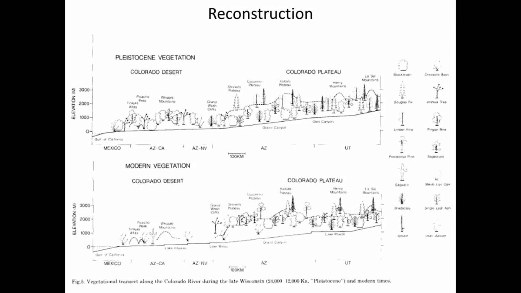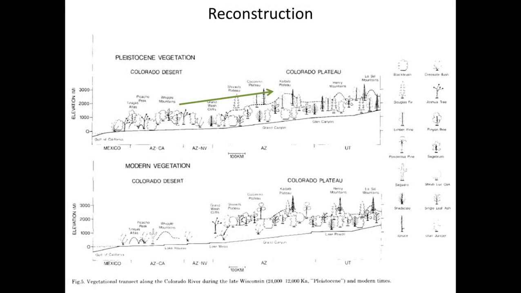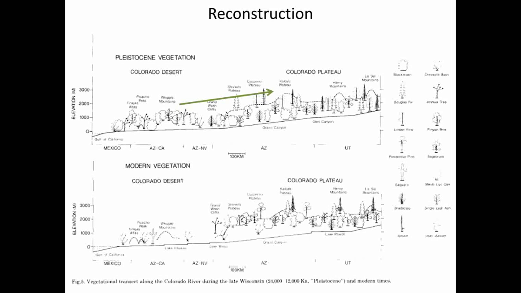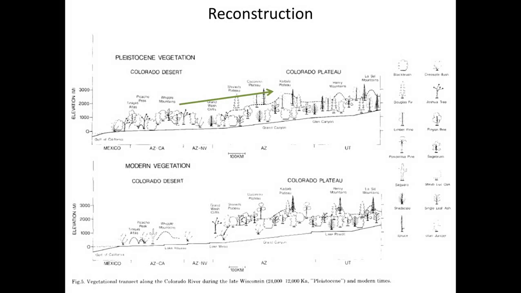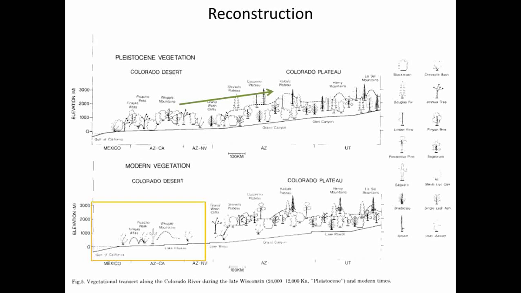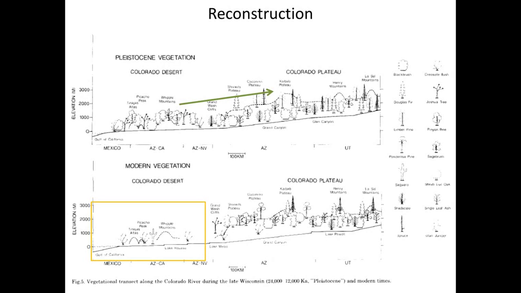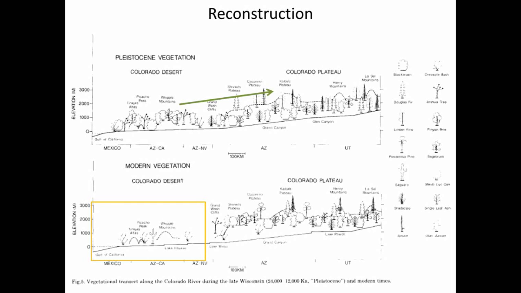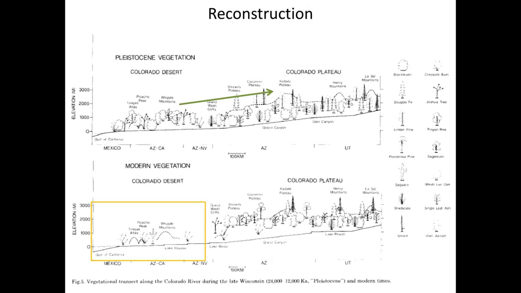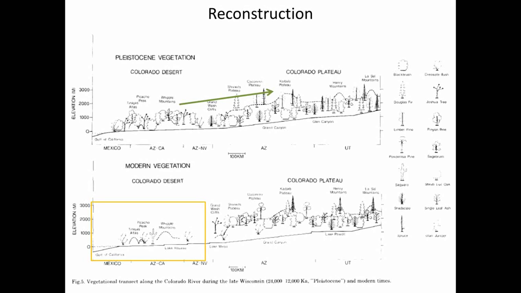And as climate changed, only 25,000 years ago, not very long at all, a lot of these species migrated. So not only did they migrate upslope, but they migrated up the river, following the Colorado River up in elevation. And what this created, potentially, was a desert habitat. So in these lower elevation areas, you have this desert habitat where different types of species can move in.